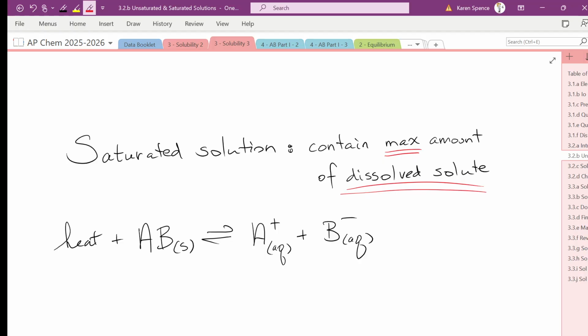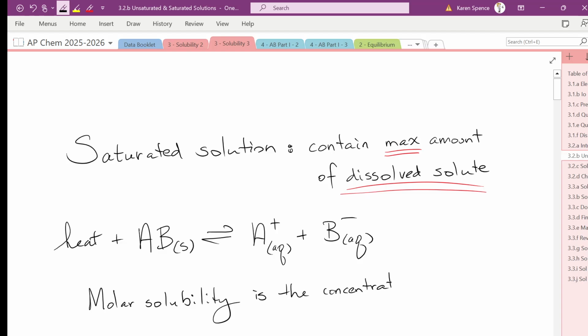Because the molar solubility is the maximum concentration of a solute.